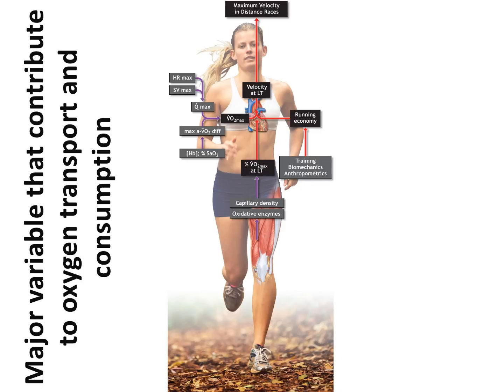VO2 max is related to cardiac output and maximal arteriovenous oxygen difference. Cardiac output is the product of heart rate times stroke volume, while max AV oxygen difference is determined by hemoglobin and percentage saturation of oxygen.